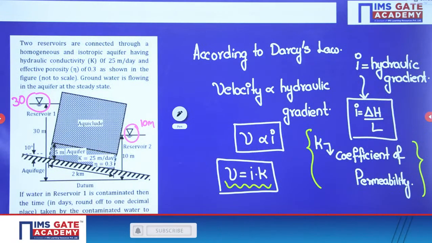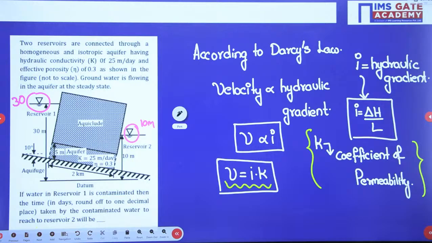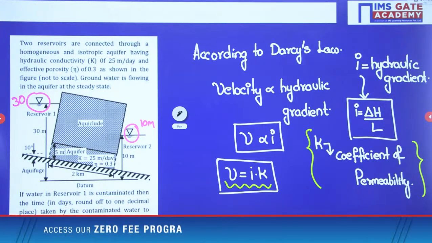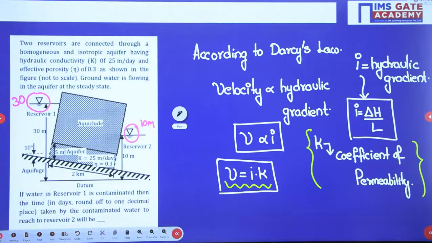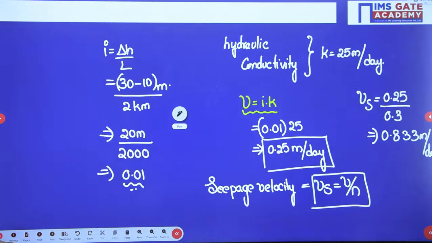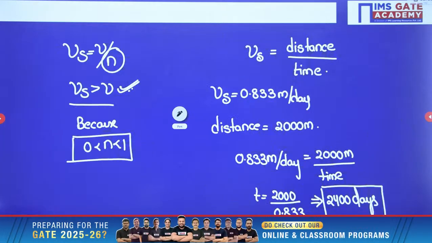Please write down all these equations, students. Okay, I hope you have written this. After this, we have calculated the seepage velocity, and after that, we have calculated the time.